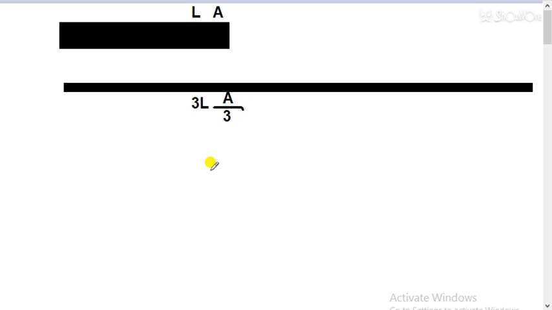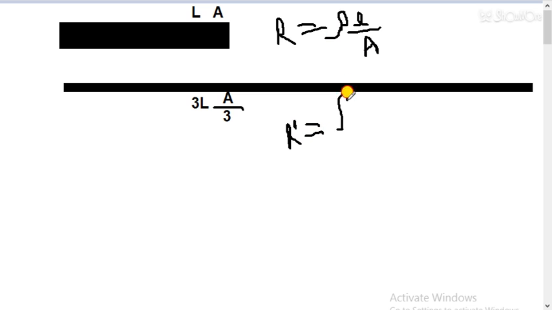Now you can see resistance is equal to rho into L upon A. In this case, this is rho, students. In this case, resistance R dash will be equal to rho into 3L by A by 3.